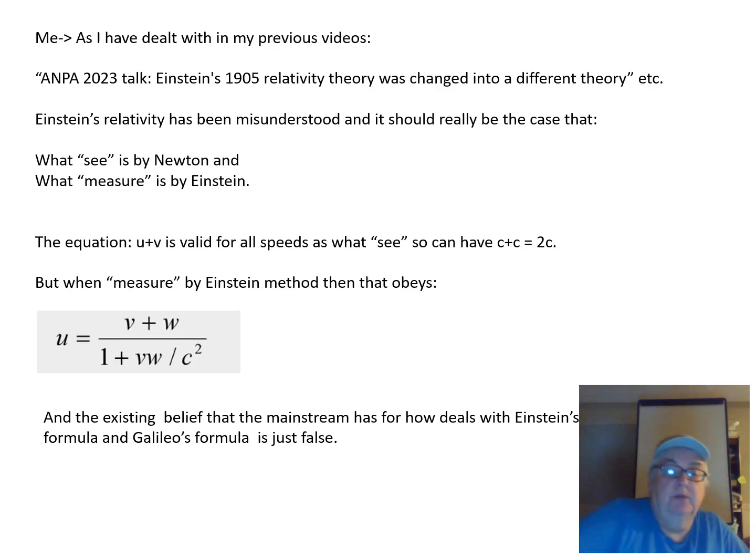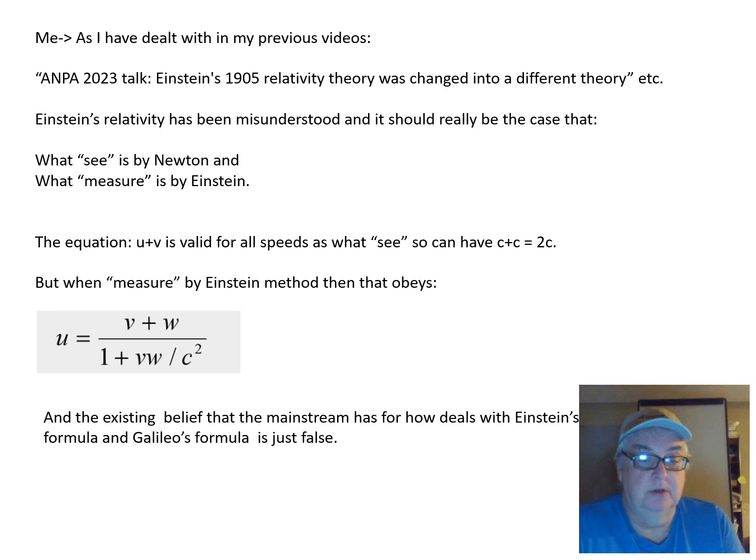Now, as I've dealt with in my previous videos, such as the talk I gave in 2023 at the ANPA conference, Einstein's relativity has been misunderstood, and it should really be the case that what you see is by Newton and what you measure is by Einstein.